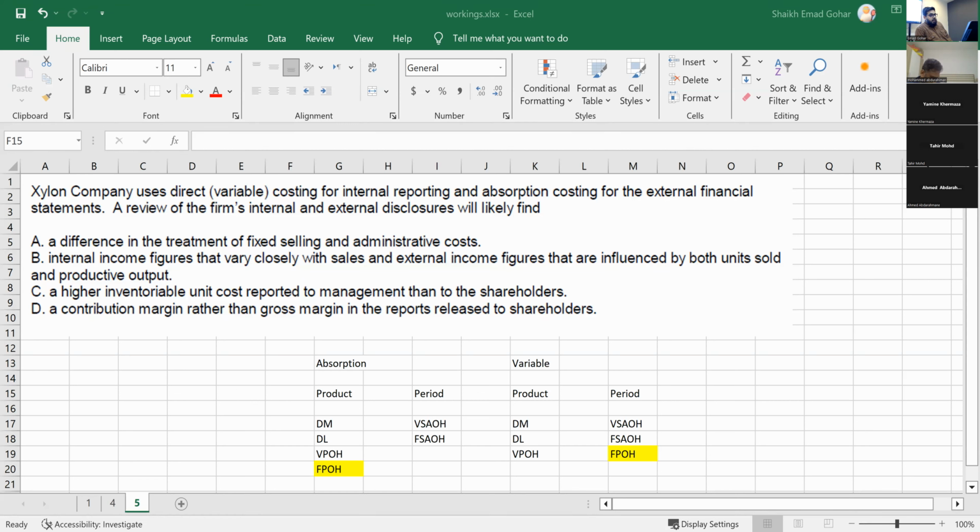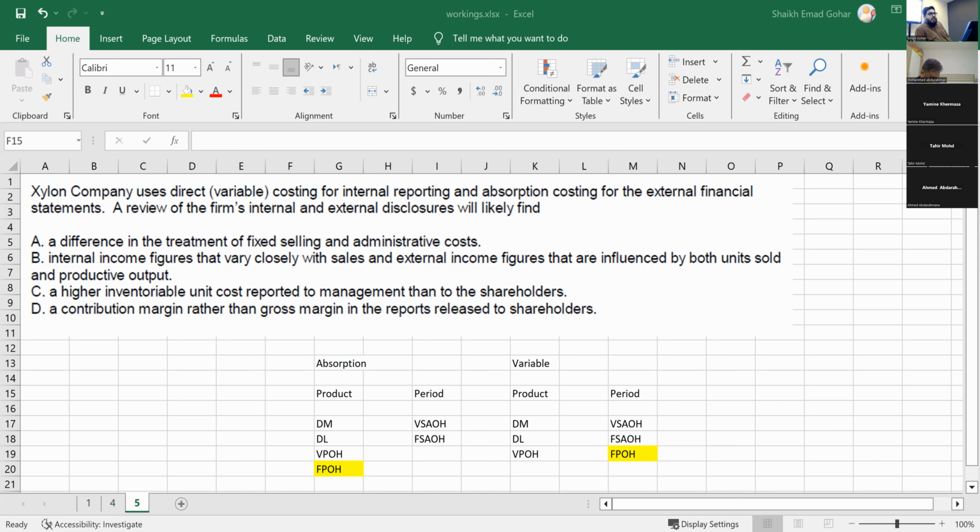So definitely the income figure will be influenced by production also and sales also. And when you revise this topic in future, you will remember we did reconciliation.